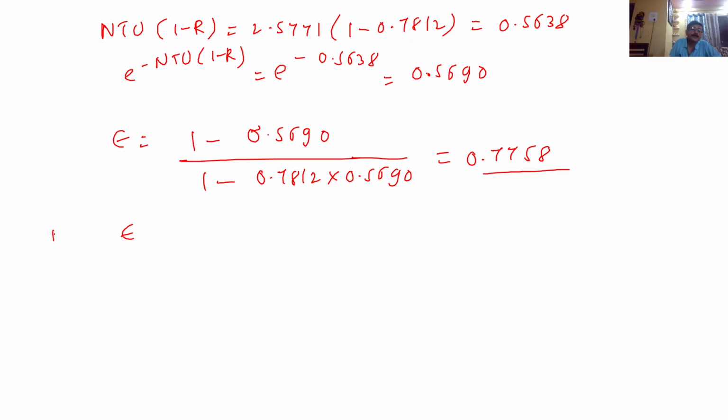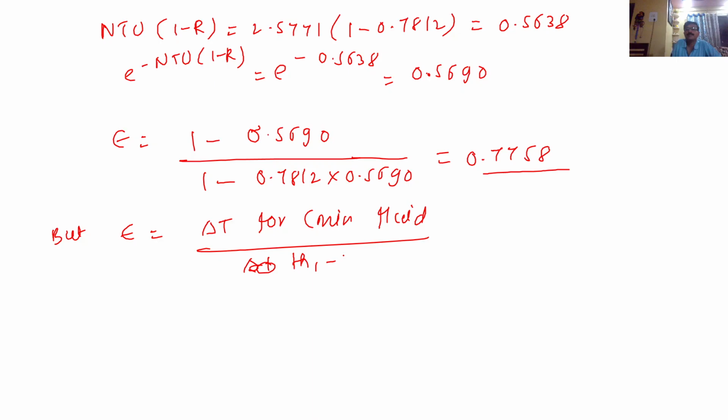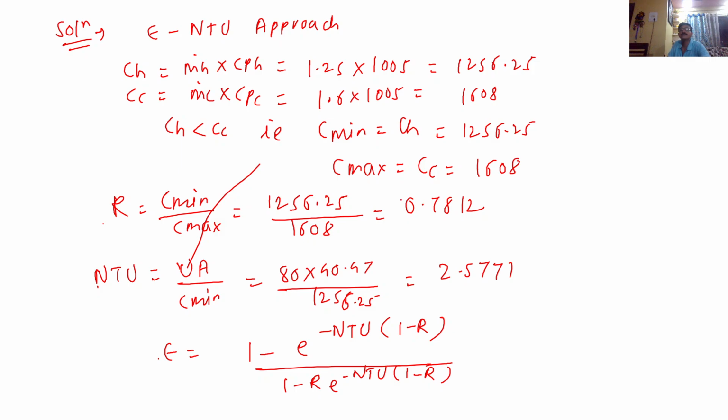But epsilon is also equal to delta T for the C minimum fluid divided by the maximum temperature difference, TH1 minus TC1. Now look at this. C minimum is CH, meaning the hot fluid. So for the hot fluid, what is the delta T?